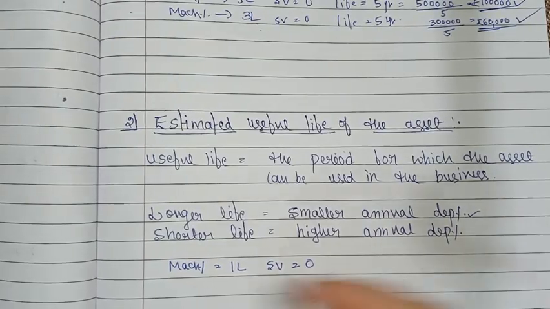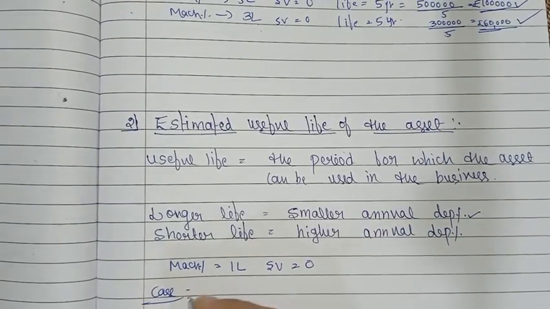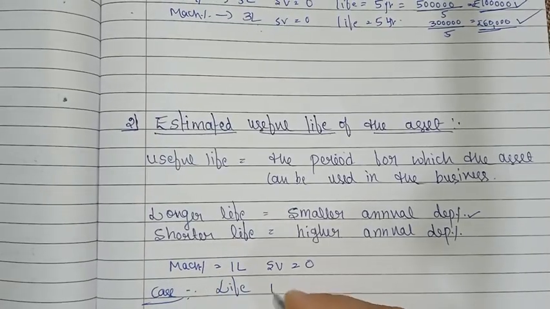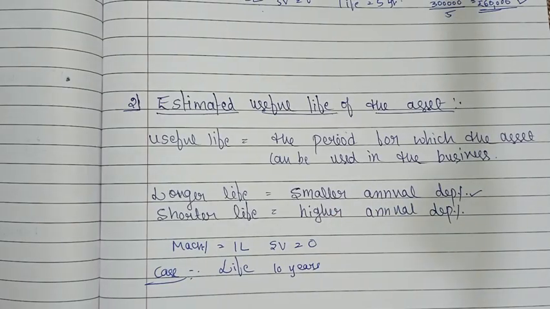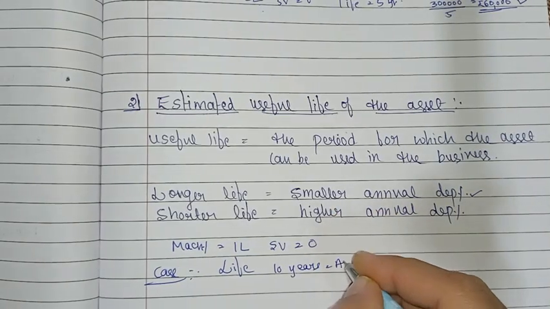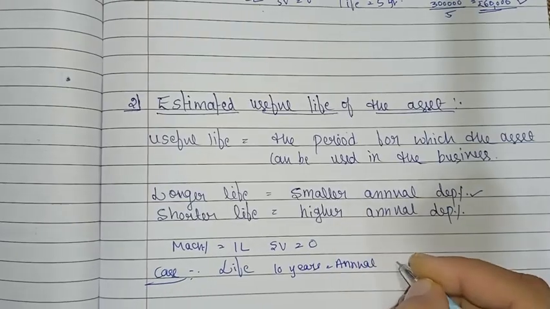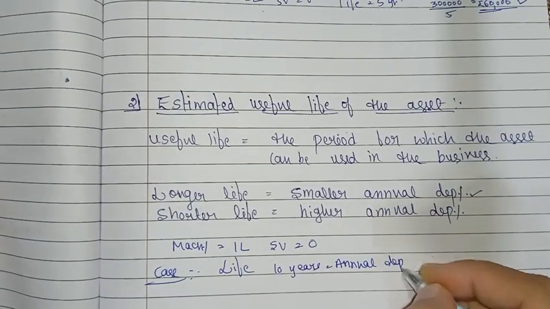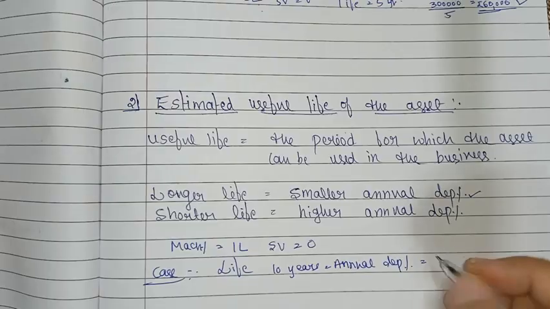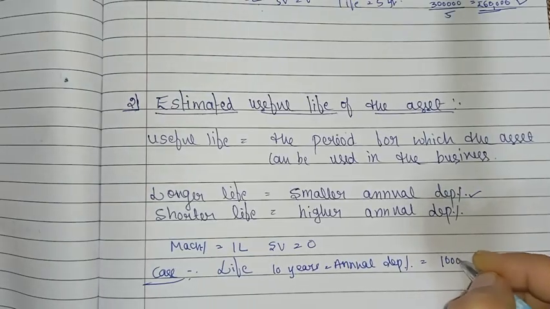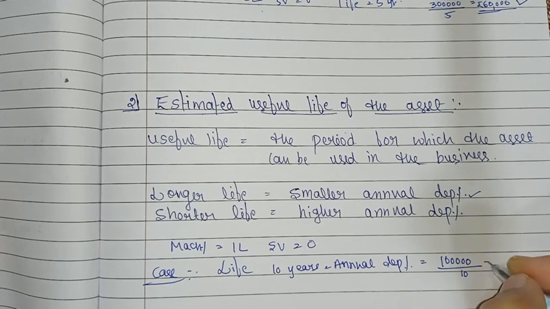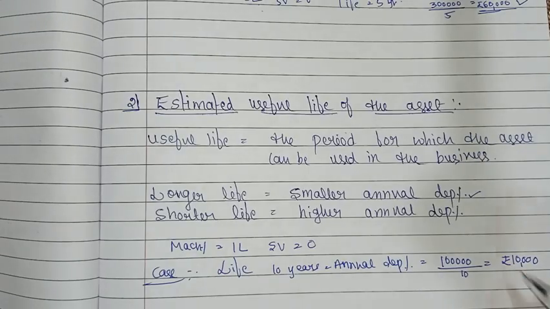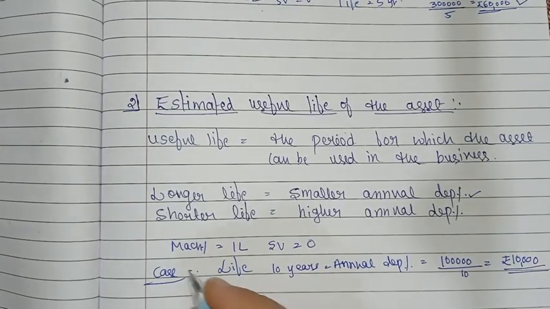In case 1, the life is 10 years. So annual depreciation equals 1 lakh divided by 10 years, which equals rupees 10,000. This is the annual depreciation.